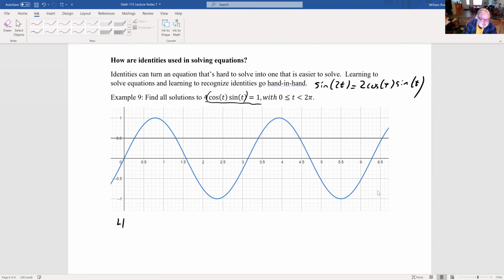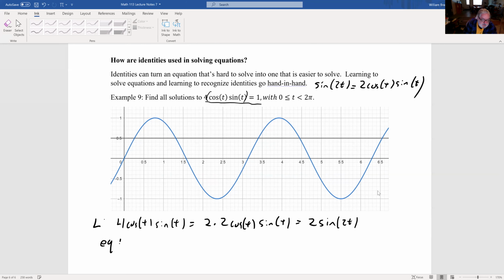So what's 4 cosine t times sine t equal to? Well, that's 2 times 2 cosine t sine t, which is 2 times sine of 2t. This is just using my identity to simplify the left-hand side. My equation now is 2 sine 2t equals 1. So we want to solve sine 2t equals 1/2.